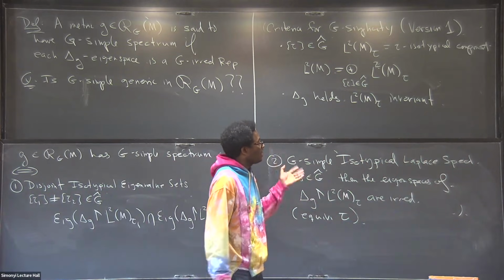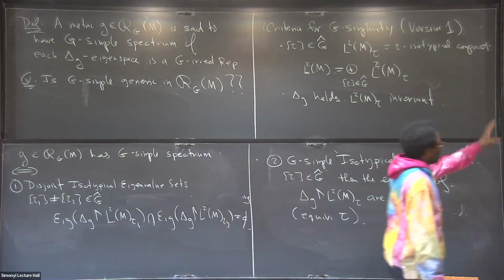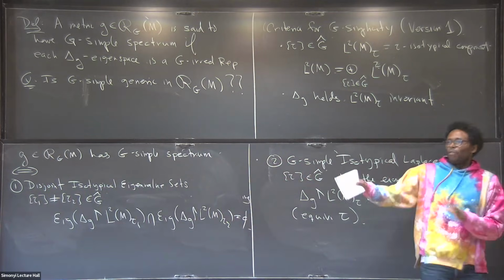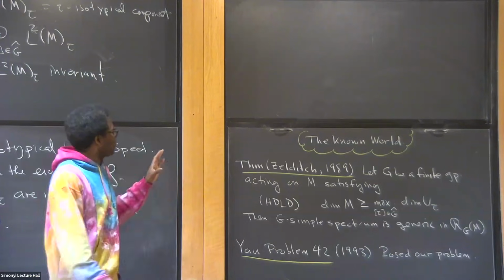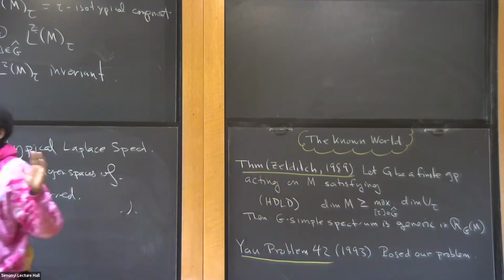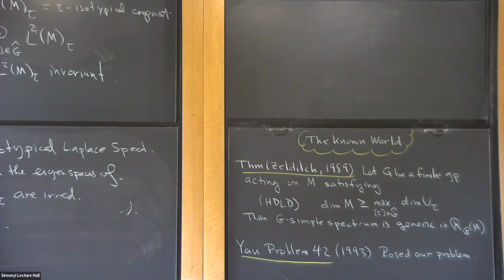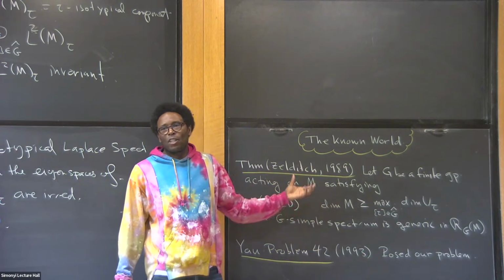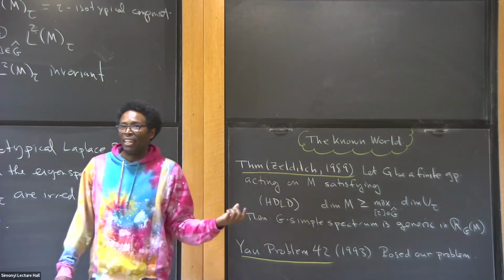So let me now maybe just talk a little bit about what's known regarding this problem. As far as I could tell, maybe one of the earliest results on this is this result by Zelditch, and Karen's student's thesis notwithstanding. So let's suppose you have a finite group acting on a space, and let's suppose that space satisfies what's called this high dimension, low degree criterion.